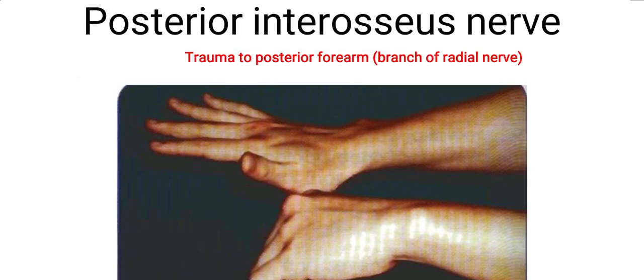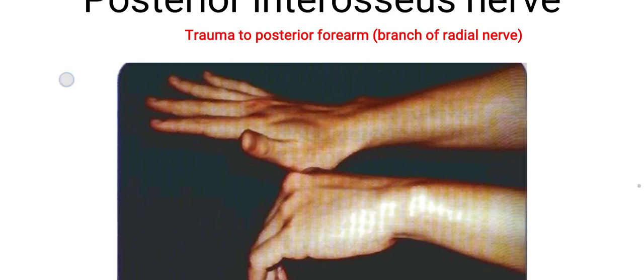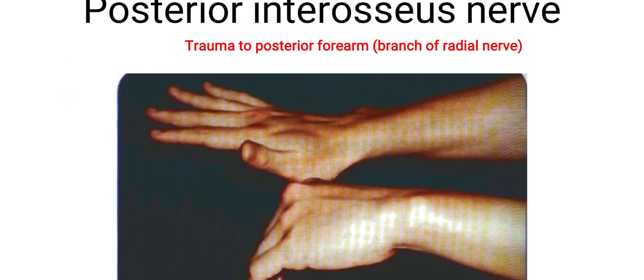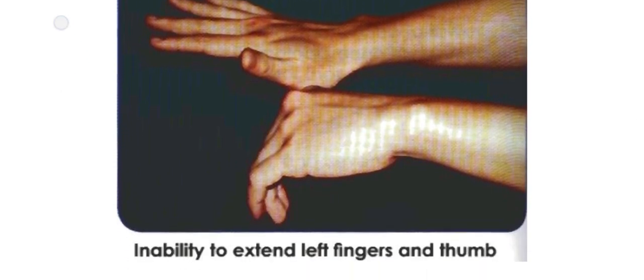Here you can see another picture of the posterior interosseous nerve, a branch of the radial nerve.